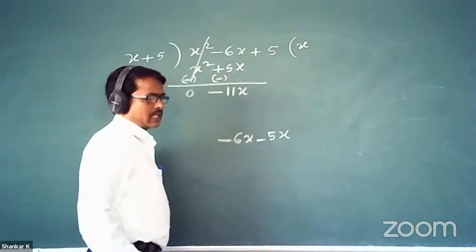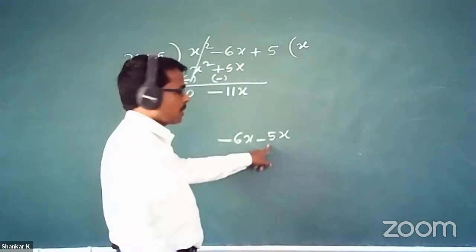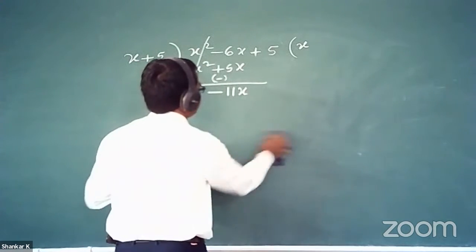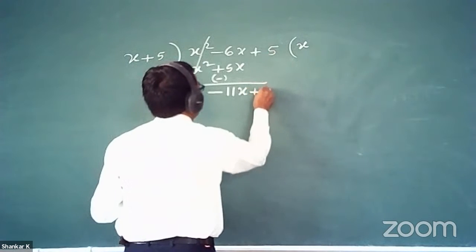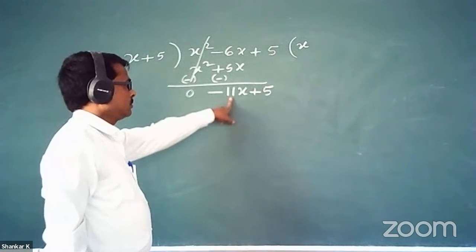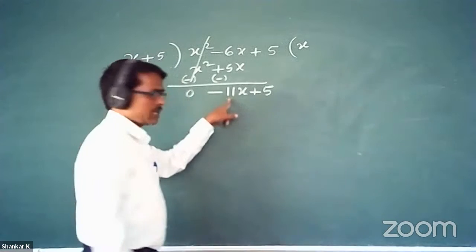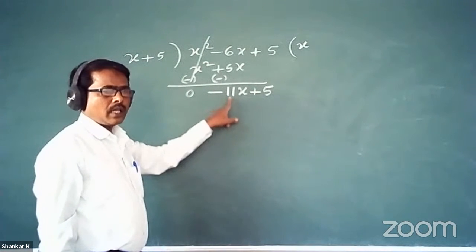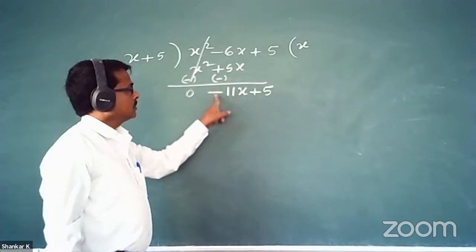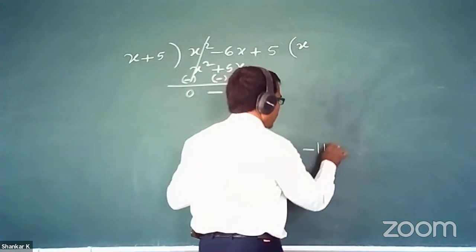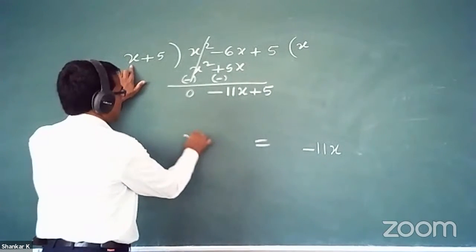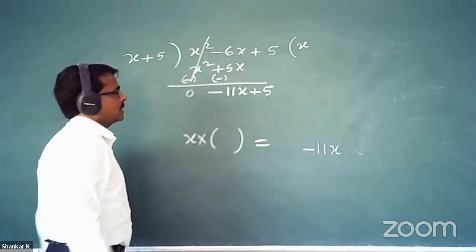Minus 11x, and next bring down plus 5. Next, what is the factor here? The term is minus 11x, and here x, so minus 11. Next, multiply x plus 5 by minus 11.